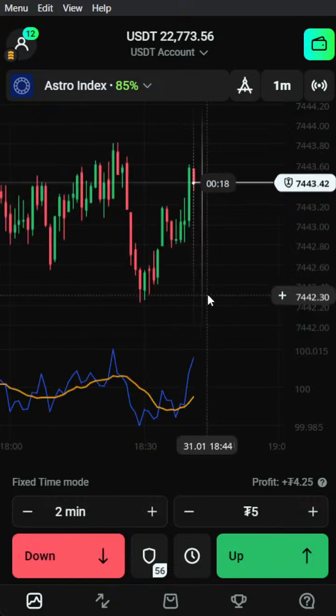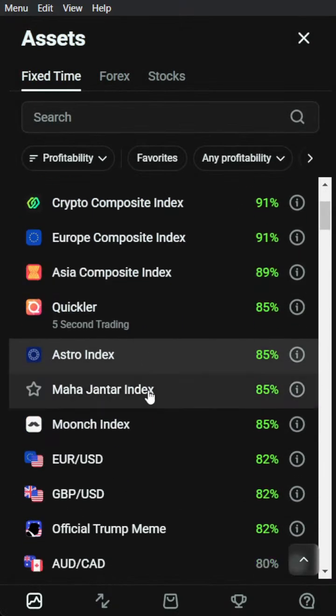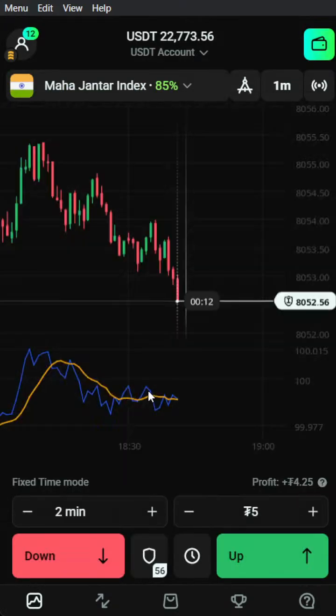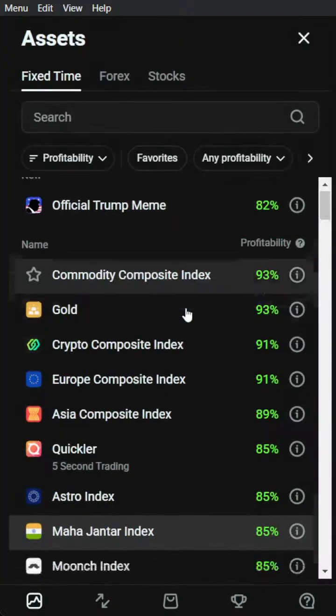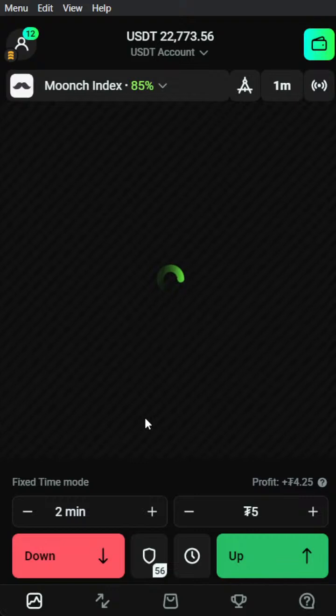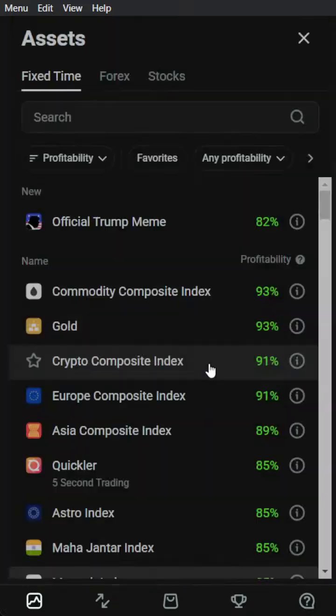We might have a signal coming up in Astro as well. So Astro is also somewhere we can make a trade. Let us come back to Astro.